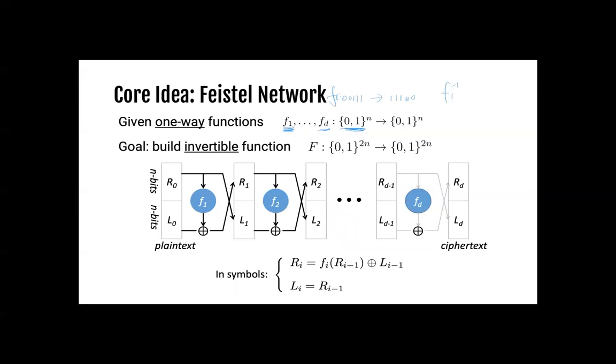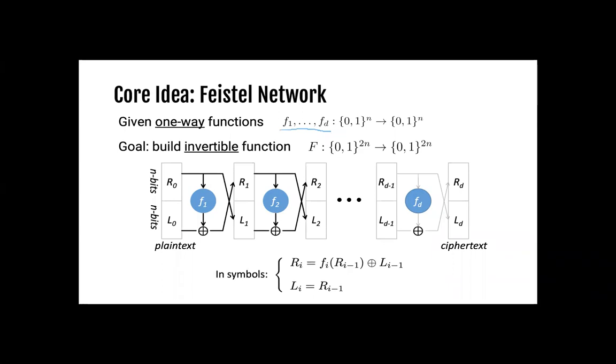You cannot really reverse it back. So consider this like a hash function. Suppose that we know about those one-way functions. You're given that, and your goal is to build an invertible function so that you can encrypt and decrypt using this one-way function.